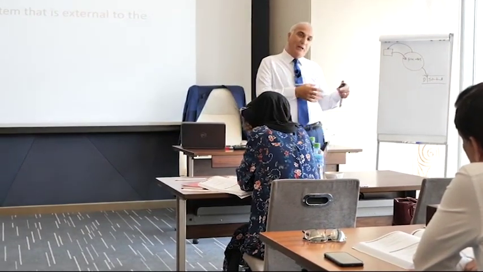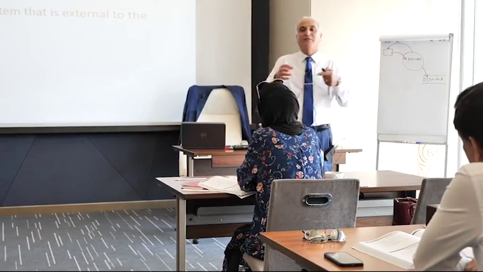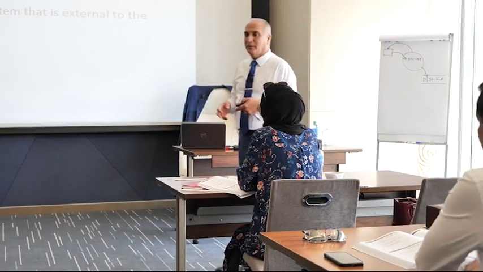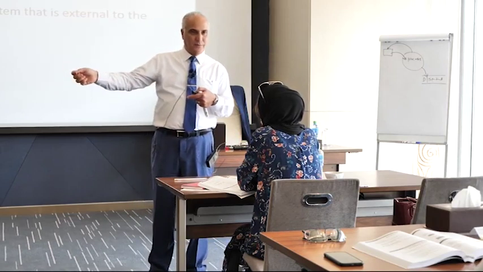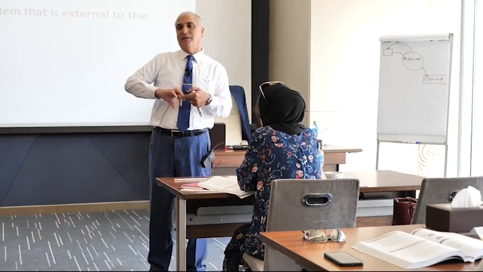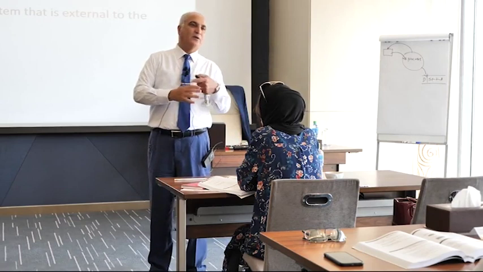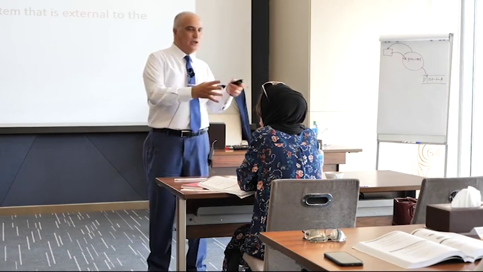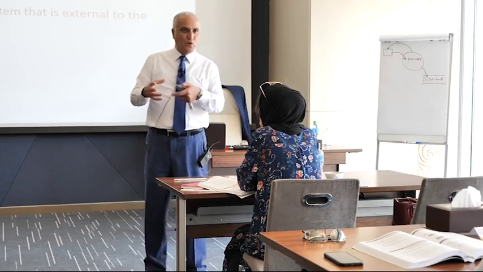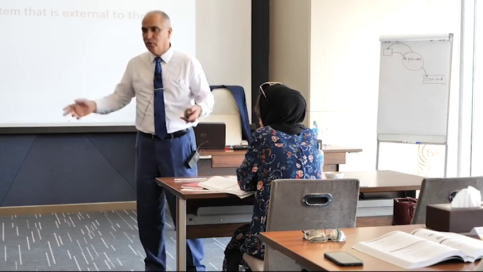You have a hotel system. One of the external entities is what? The banks, when you make a payment. Another external entity is what? The geographical system, to get what? The location, the Google map, so the customer knows how they come to your hotel.